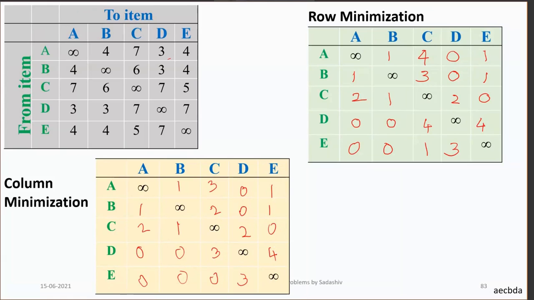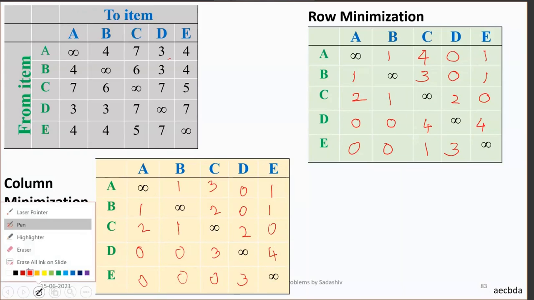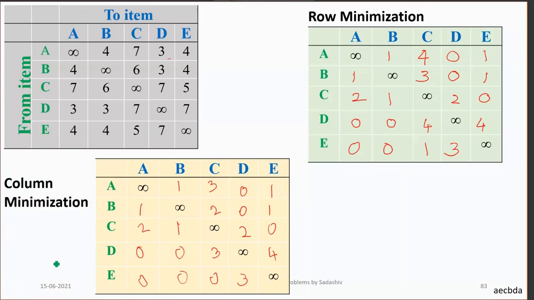Now we can go for the assigning. First we assign for the first row. A to E we can assign because there is a 0.